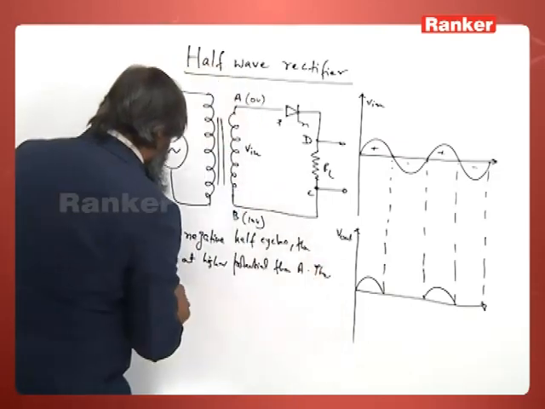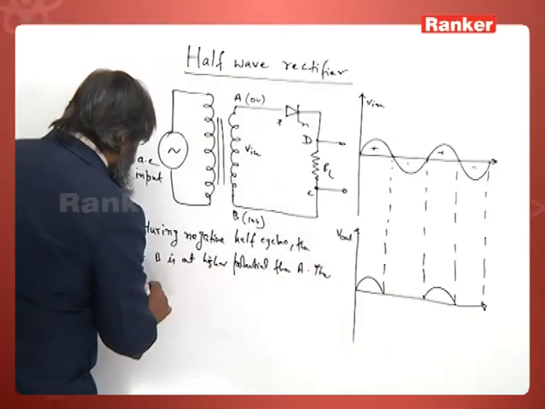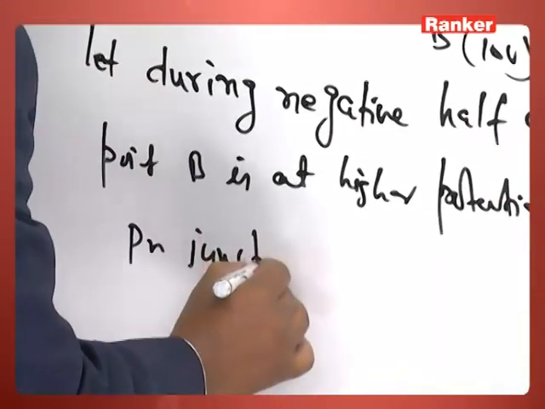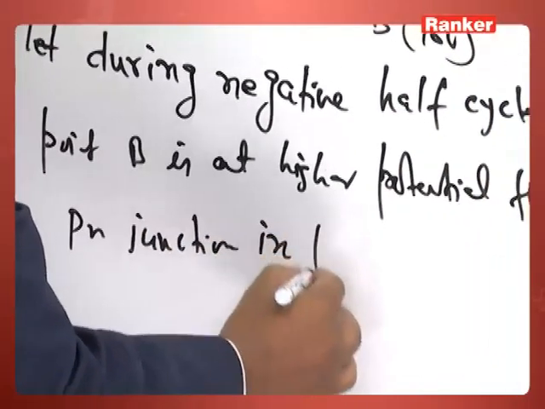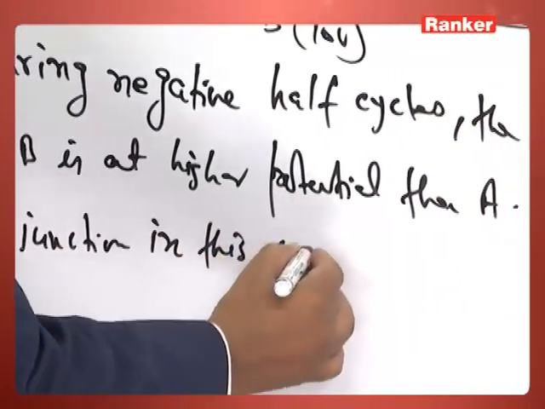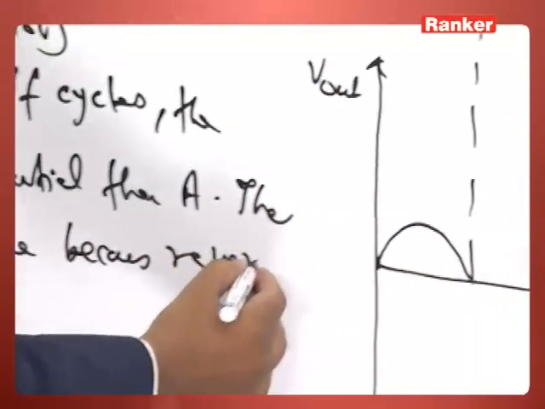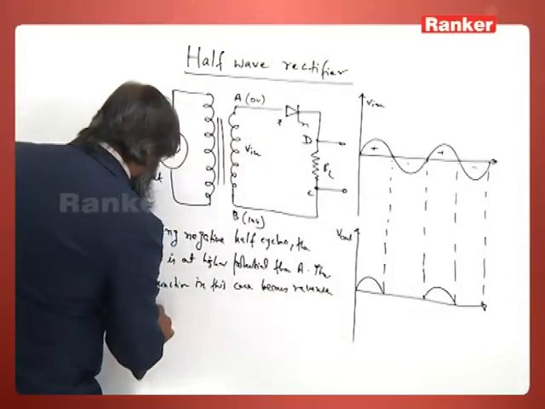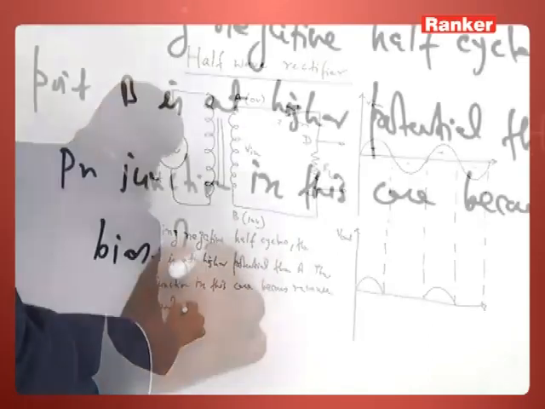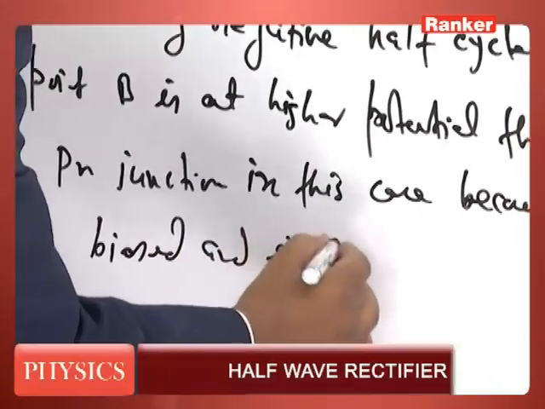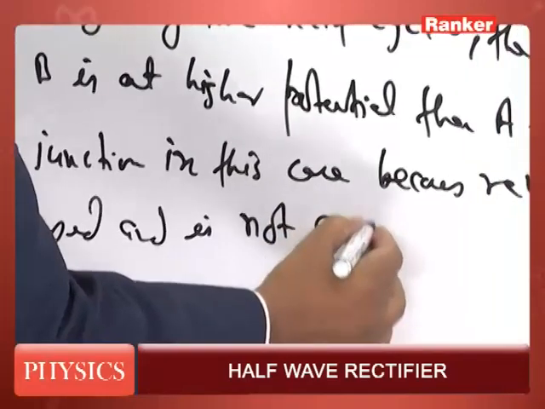The PN junction in this case becomes reverse biased and is not conducting.